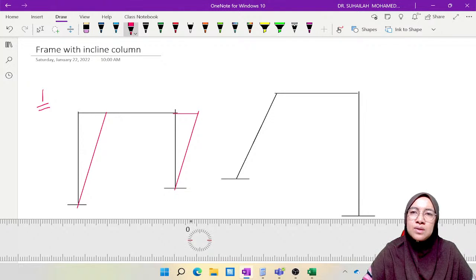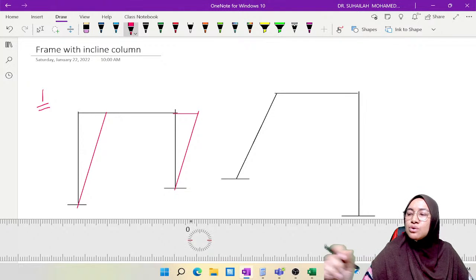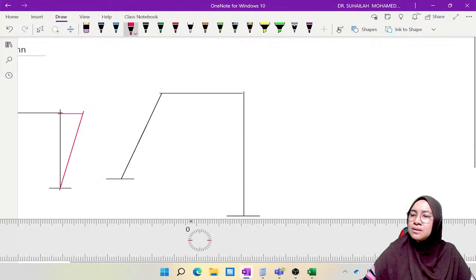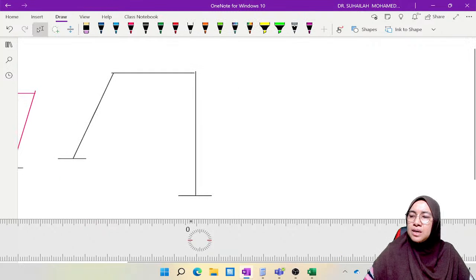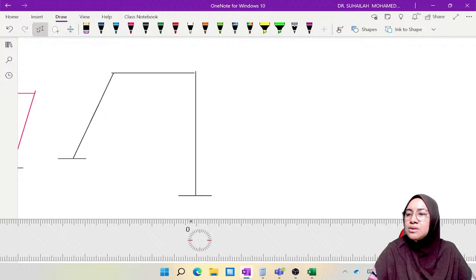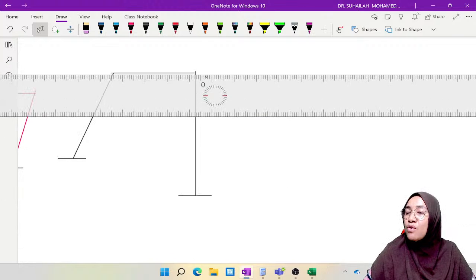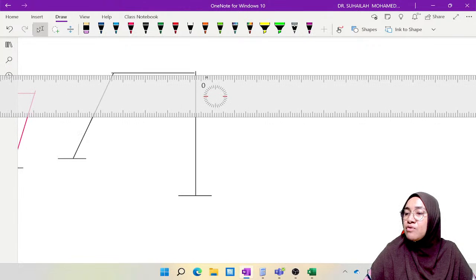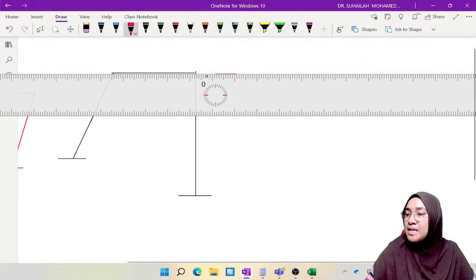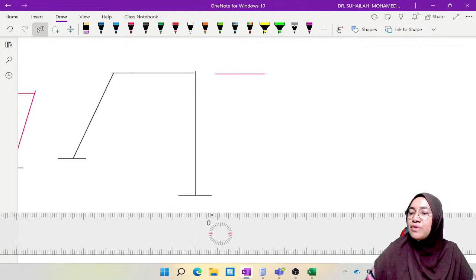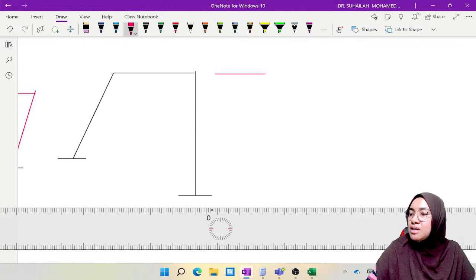So if we have this diagram, frame ABCD subjected to R prime, because I want to focus on side sway frame analysis only, the frame is subjected to R prime.